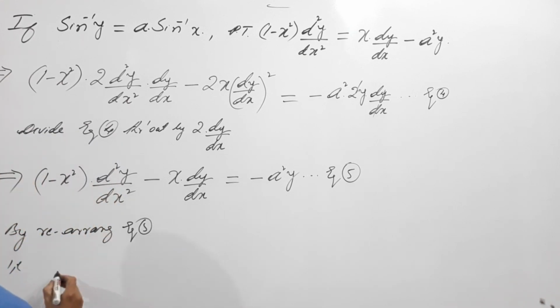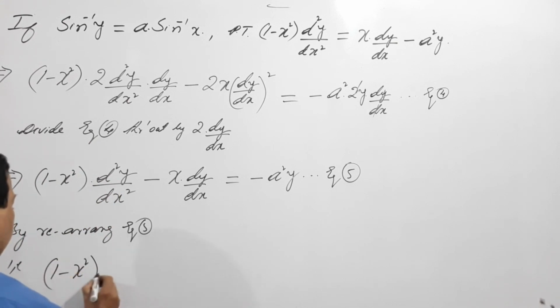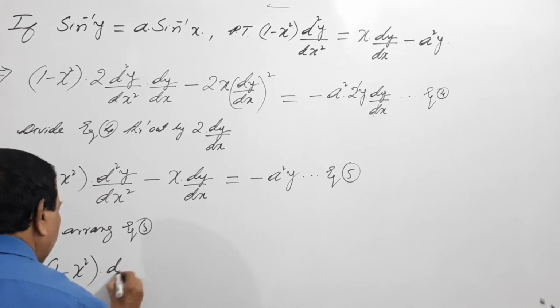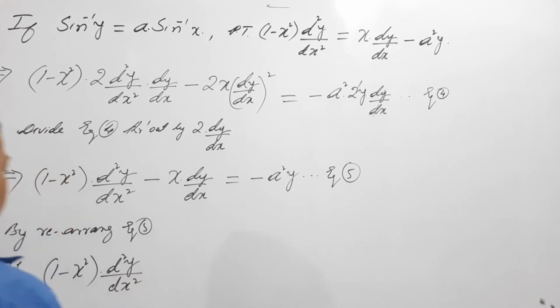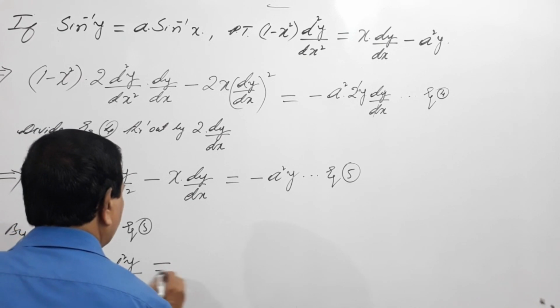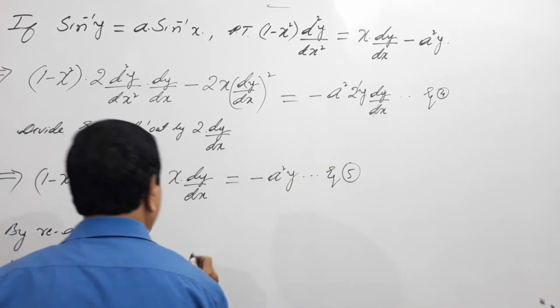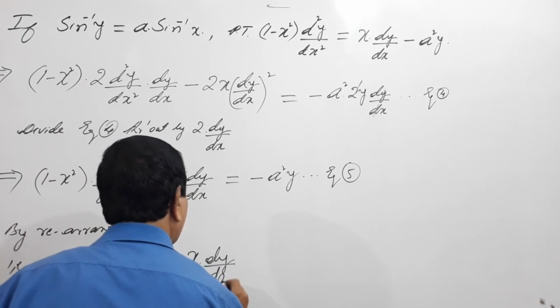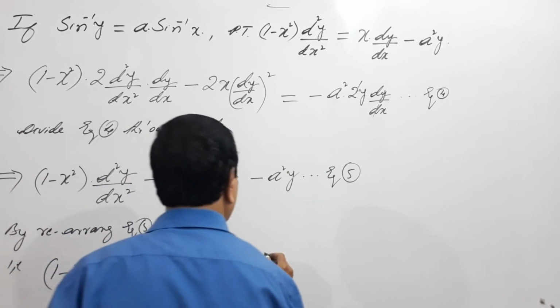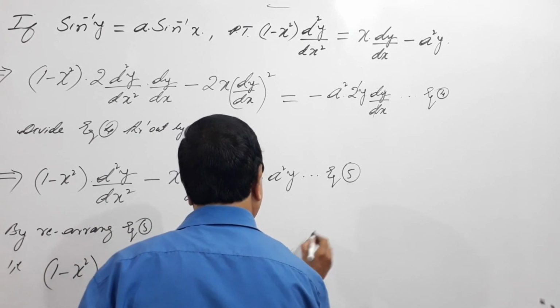That is 1 minus x square into d square y by dx square equals to, I sent it there, it becomes plus x into dy by dx minus a square y.